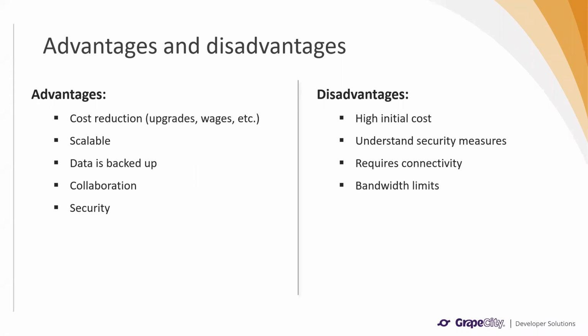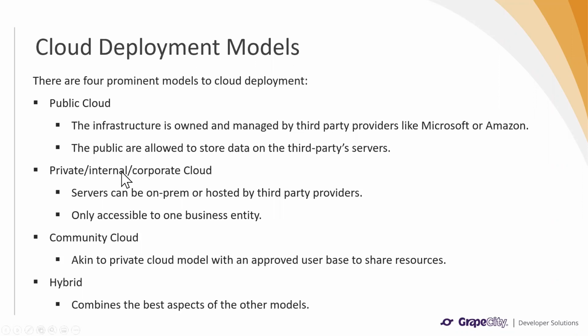As we consider cloud deployment, there are a couple of different models. Mainly, there are 4 prominent models, but for our purposes, we will be focusing only on the first 2, as they are the most often used. So public and private.